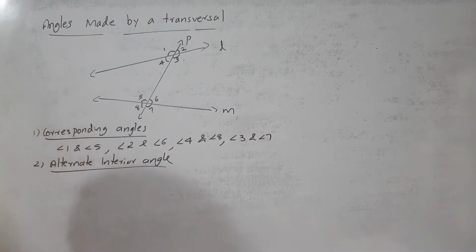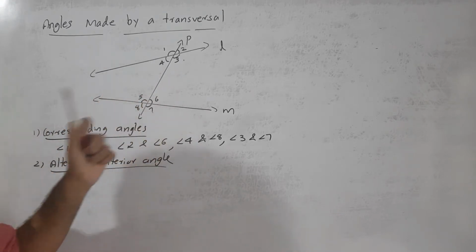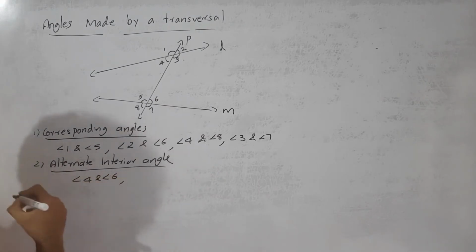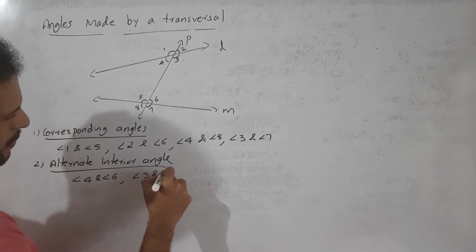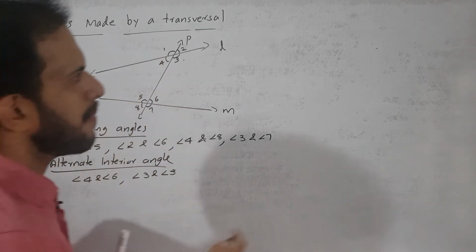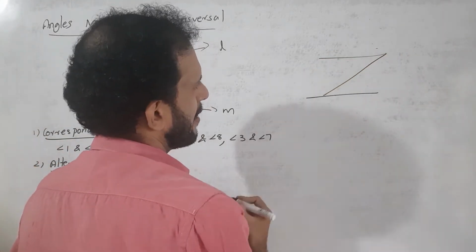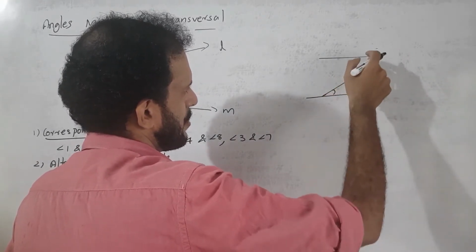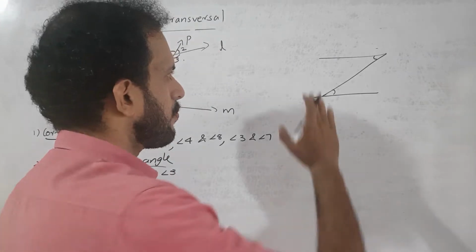The position is like this: angle 4 and angle 6, angle 3 and angle 5. For example, if the angles are like this, this type of angle is called alternate interior angle.